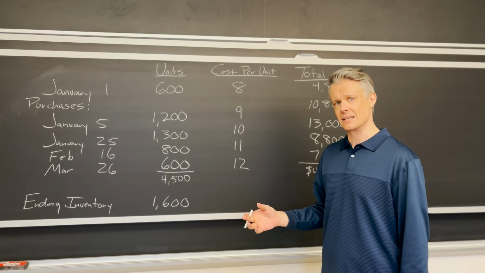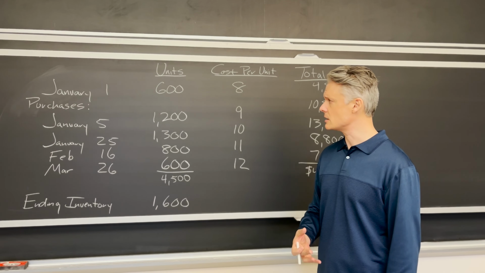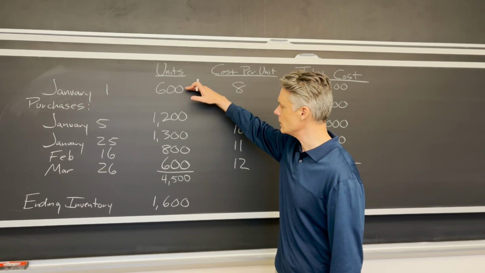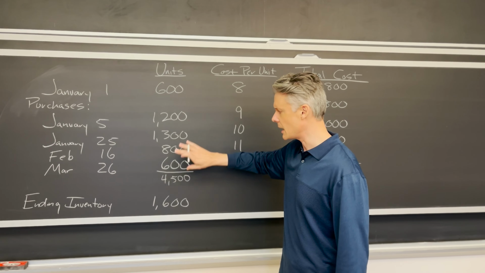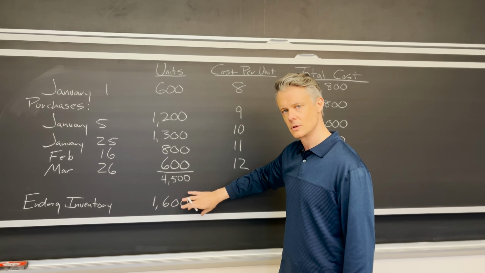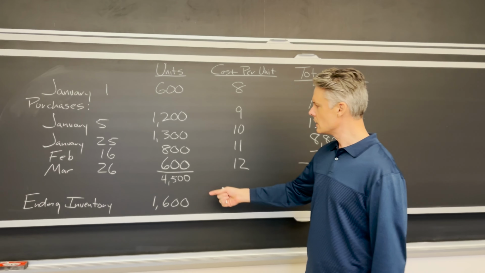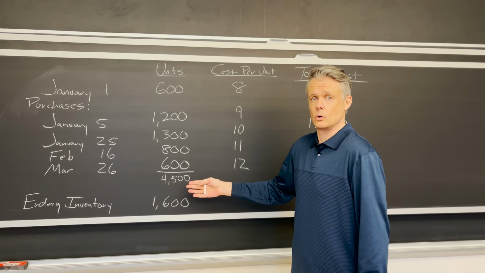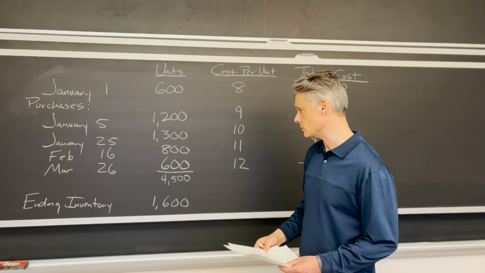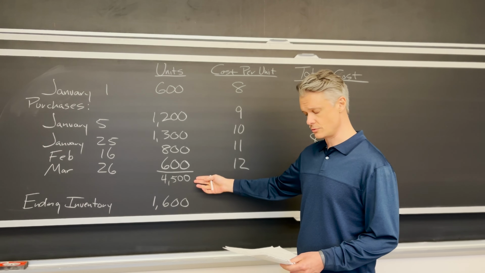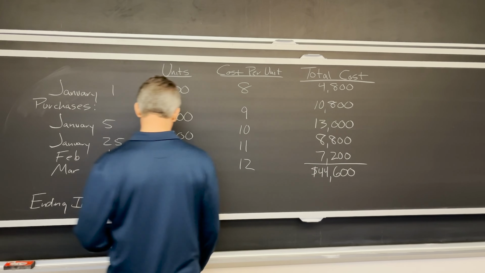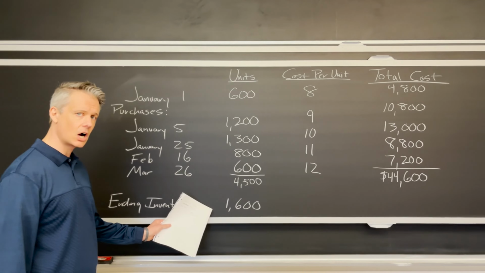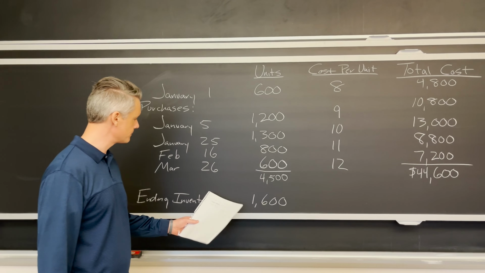Let's do one more thing before we get into our first method, and this is to pinpoint how many units did we sell, because the exercise gives us our beginning inventory, our purchases, and ending inventory. So we know that the goods we have available for sale are either sold or they stay in inventory. So we have 4,500 units. We wind up with 1,600 at the end of the month.